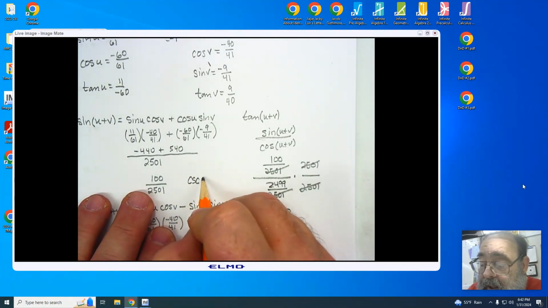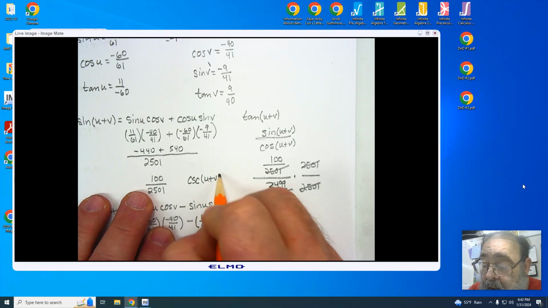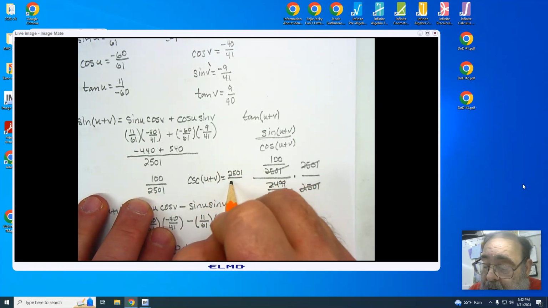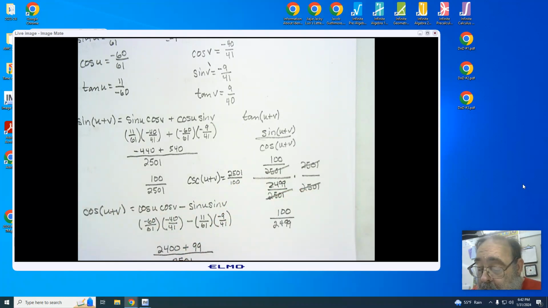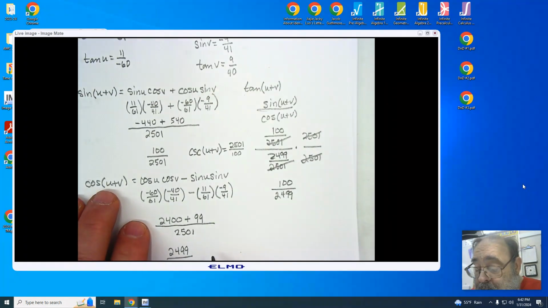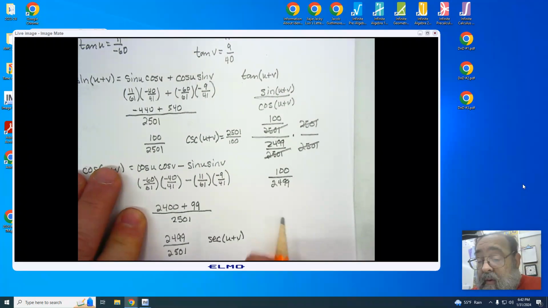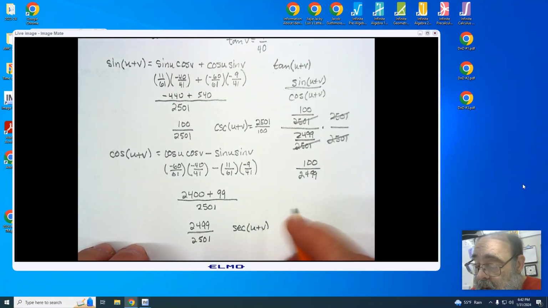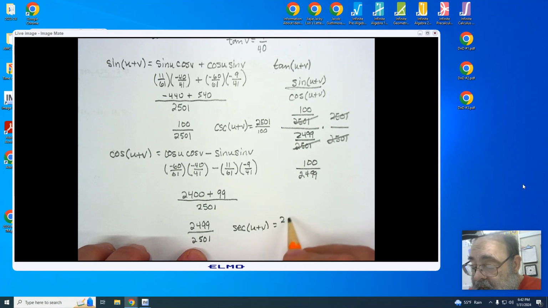Now, in order to find my cosecant, all I do is take the reciprocal. So the cosecant of u plus v is the reciprocal, 2,501 divided by 100. The reciprocal of the cosine is the secant, so the secant of u plus v is going to be the reciprocal of this value right here, and that's going to give me 2,501 divided by 2,499.